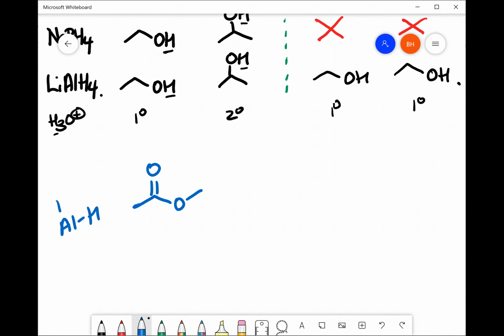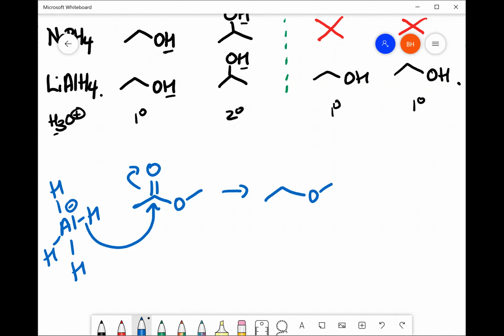So aluminum minus H. I'll draw the H on here.